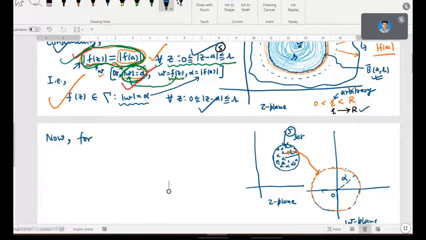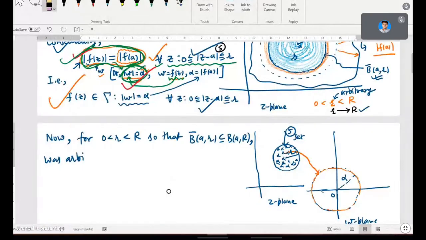For r in between this, so that this was sitting inside, r was arbitrary.